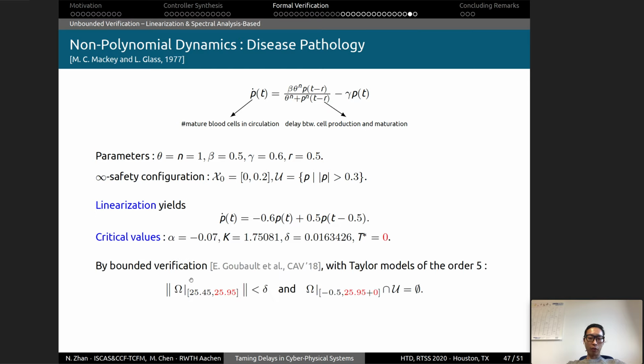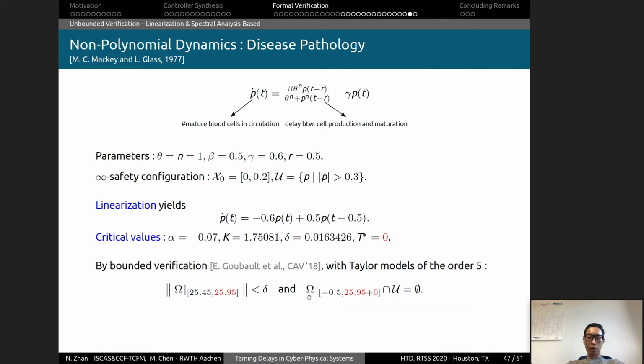While by a bounded verification technique from COF 18, with the Taylor model of order 5, we were able to show that the entire reachable set, the entire over approximation, is already contained in this delta range at this time interval from 25.45 up to 25.95.